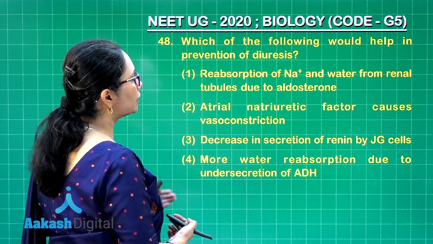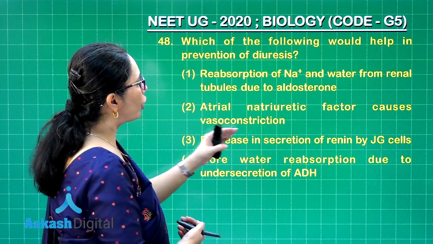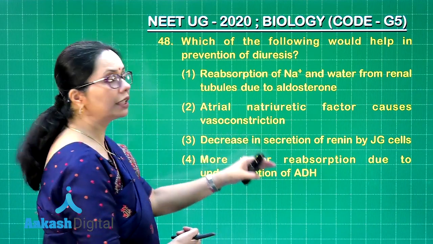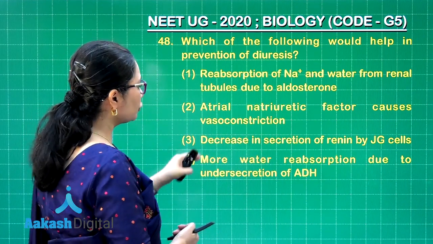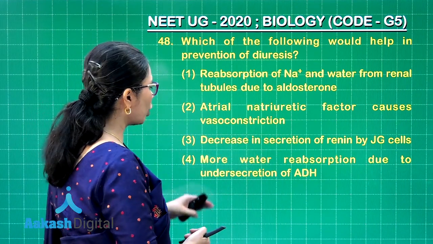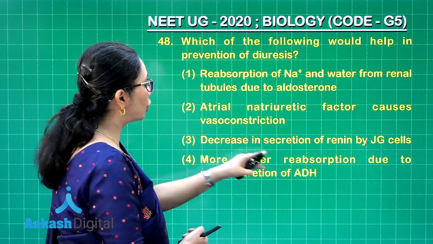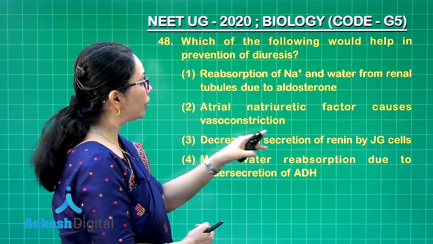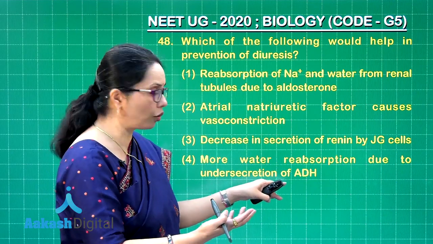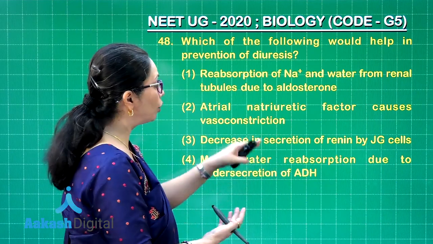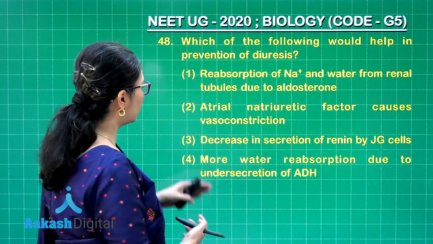So out of these options that you see, more water reabsorption due to under secretion of ADH. So of course we need excess water reabsorption, but that cannot happen because of under secretion of ADH. Rather, ADH is anti-diuretic hormone, so we require it in larger amounts, then only we can reabsorb water.